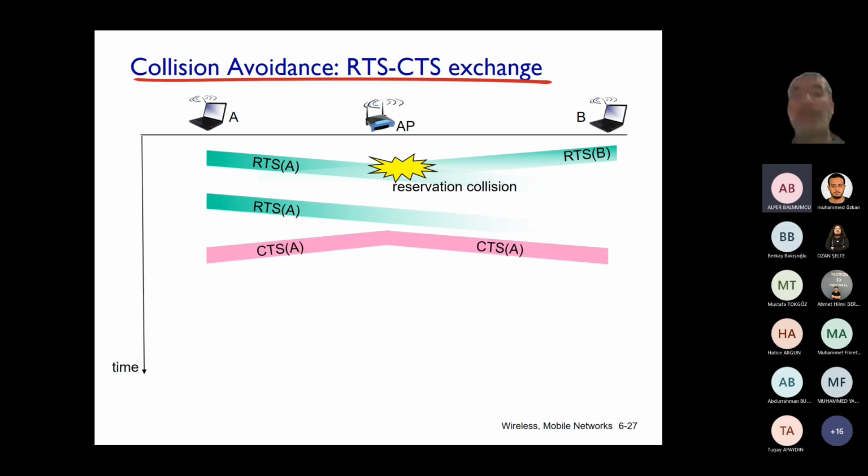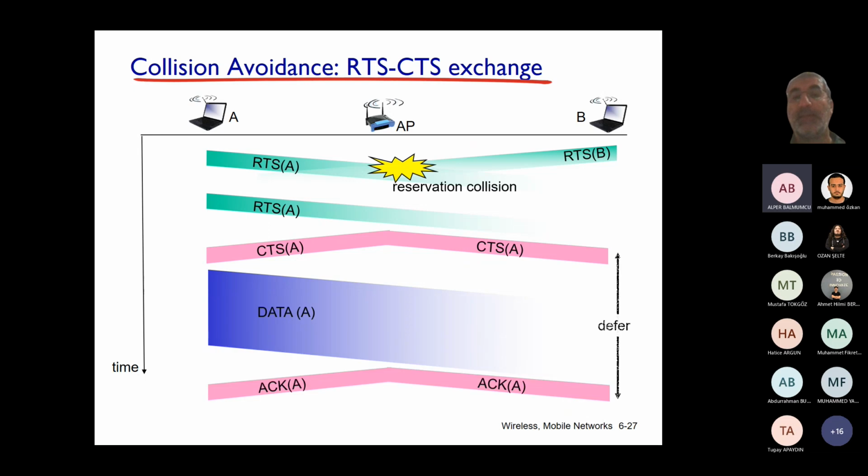Then the RTS is resent. Assume that now it is successful. The access point receives this request and then broadcasts the CTS to all wireless hosts in the network. Then wireless host A starts to send its data.